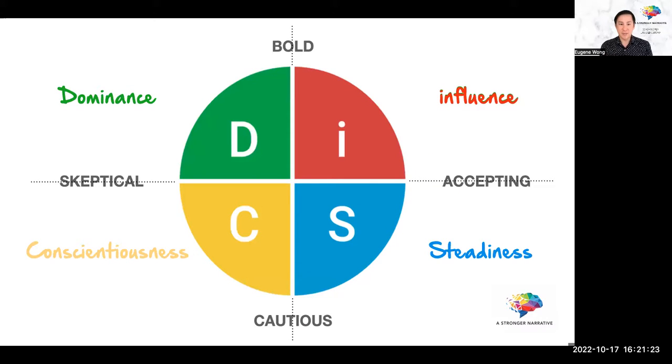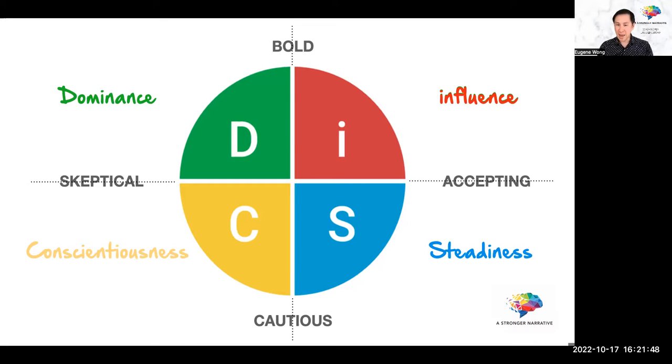But what does DiSC stand for? It's dominance, influence, steadiness, or some people say steadfastness, and conscientiousness. These are four different styles of personalities. As you can see, dominance and influence, the two on top, are more bold. They're more on the front foot, whereas conscientiousness and steadiness are more cautious.